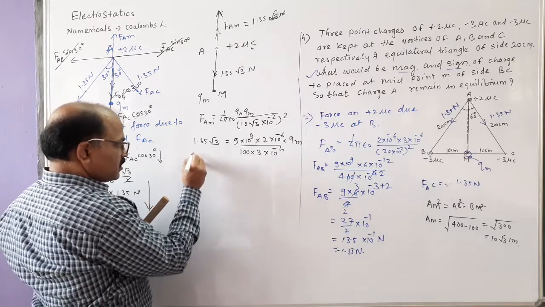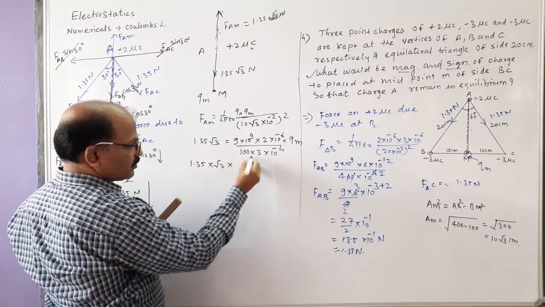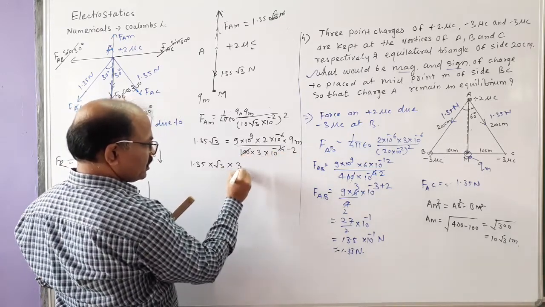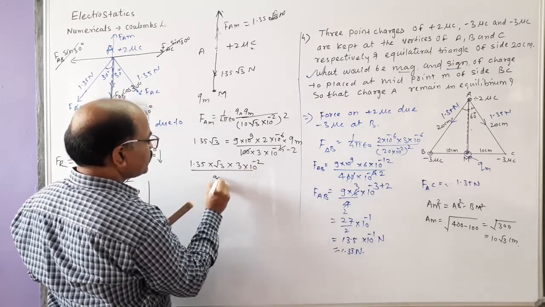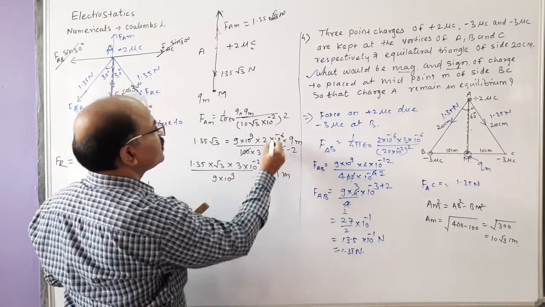Then 1.35 multiply by root 3 into, अगर ये इसके जाएगा तो this will be -2, so 3 into 10 raised to minus 2 divided by 9 into 10 raised to 9, this equal to QM.